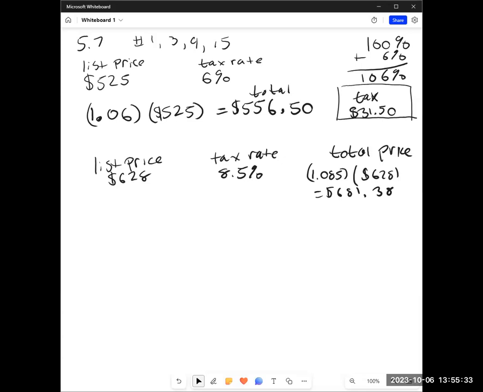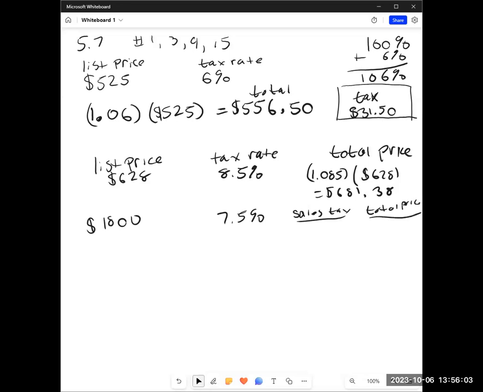The gold and diamond bracelet sells for $1,800. Find the sales tax and total price if the sales tax rate is 7.5%. So we want sales tax, and we want total price.